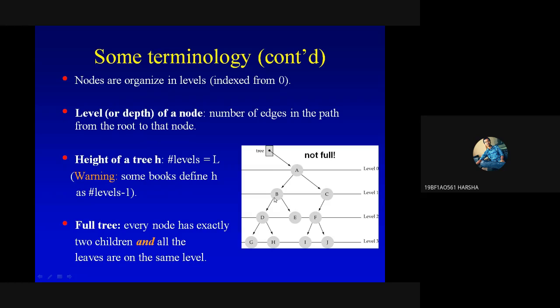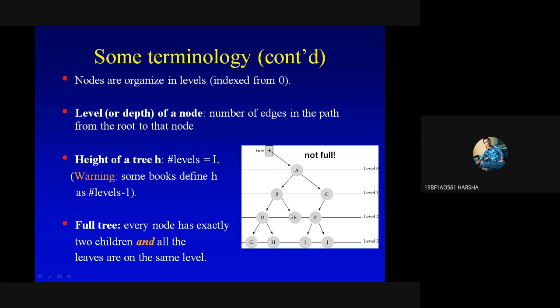A has two children, B and C. B has two children, D and E. All these obey the property. But C does not obey the property: for C we have only one child, F. Every node should have exactly two children, and all the leaves should be on the same level.